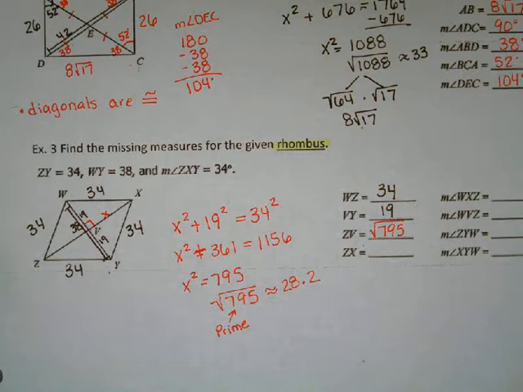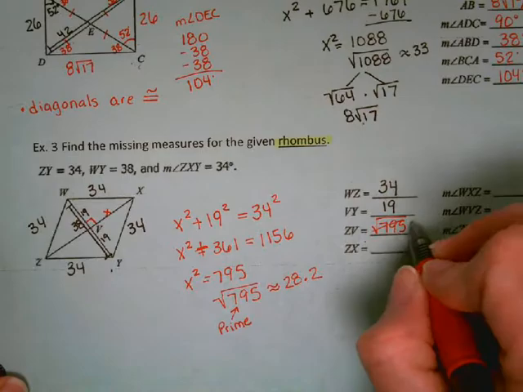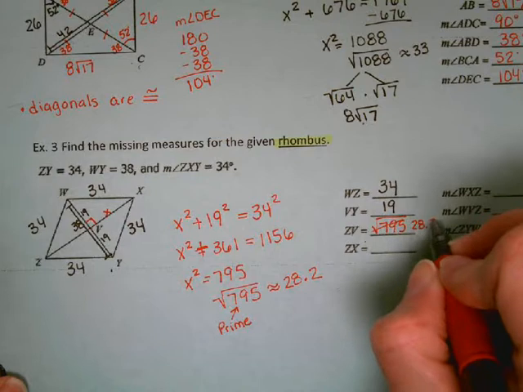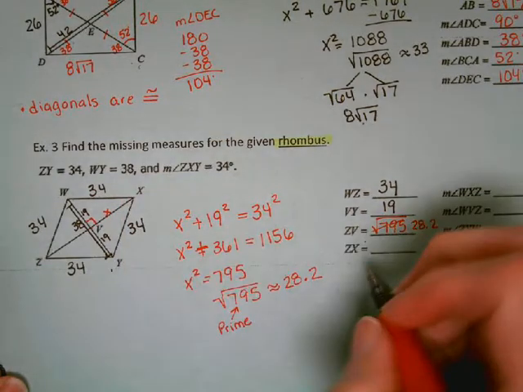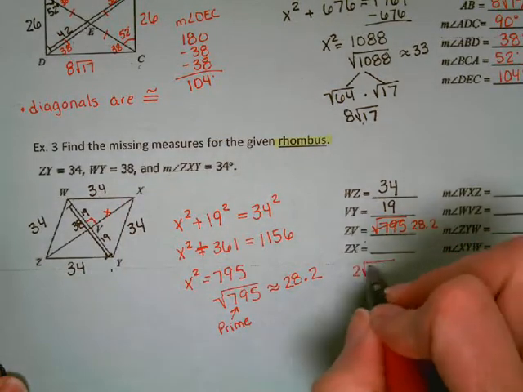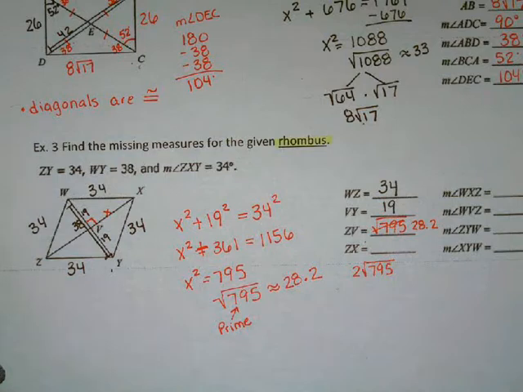All your ones on the test are coming up to numbers that work nicely, so you don't have any of these weird ones like that. So let's just cross this out, and we're just going to do decimals on this. We're just going to say that's 28.2. The reason I'm going to do that is because to find WX, you would take 2 times the square root of 795, and that's kind of complicated, so we're just going to do 28.2 times 2, and say this is 56.4.